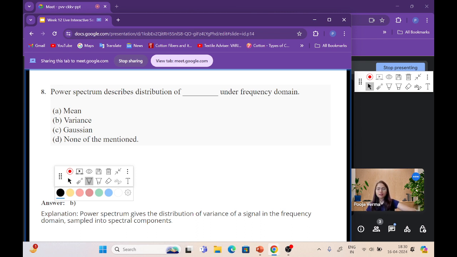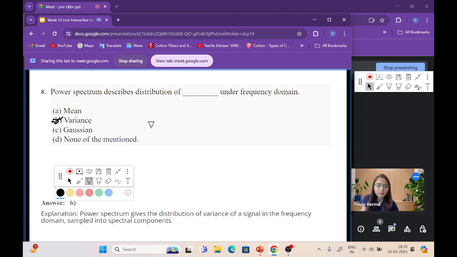So it is first sampled at the different spectral components, and the distribution in the frequency domain gives the variance. So the correct option is option B. The power spectrum describes distribution of variance under the frequency domain.